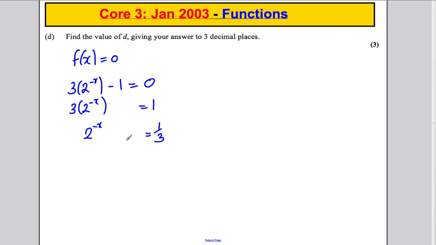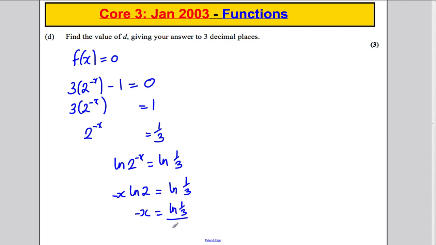Take natural logs of both sides. Bring down the negative x power. So negative x is ln a third divided by ln 2. Actually, I could just say that x is therefore ln a third divided by negative ln 2.